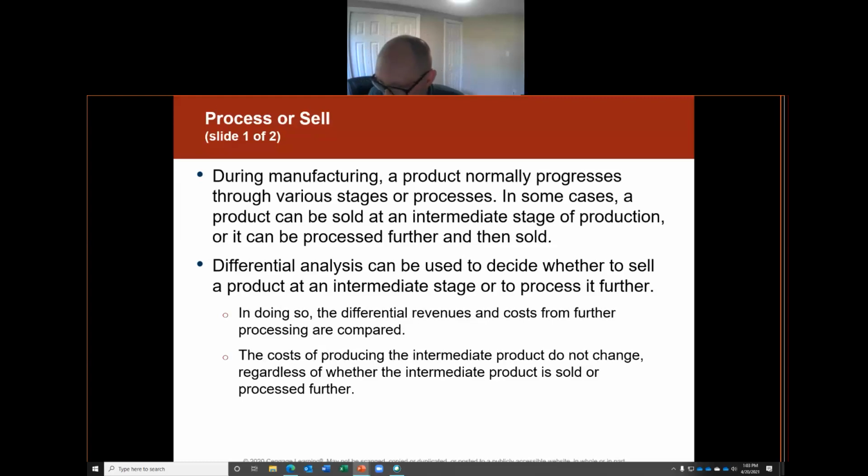Derivatives are products that can be made from raw oil. So we get the oil out of the ground, and we can decide to process it further or sell it. If I process it further, I can convert oil into gasoline. If I process it even further than gasoline, I can turn it into kerosene. Or I can sell it simply as gasoline.